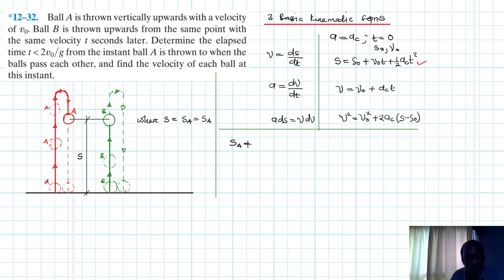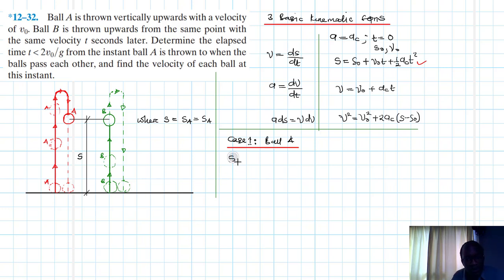This is for ball A. So let's deal with ball A. Let's say case 1, we deal with ball A. Okay, so with ball A, let's find the displacement. Everything else will have subscript A.